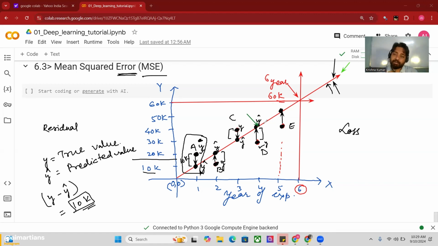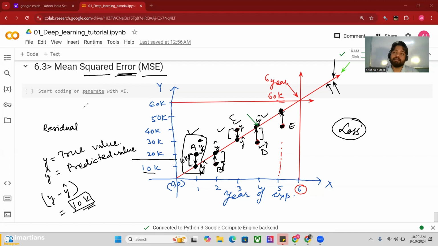But when we try to calculate the loss of the whole model, I just need a collective loss for all the data points. So in that case, I have to calculate loss. I will notate it by the term loss. So, hope you guys understand, error is nothing but the gap between actual and predicted values.